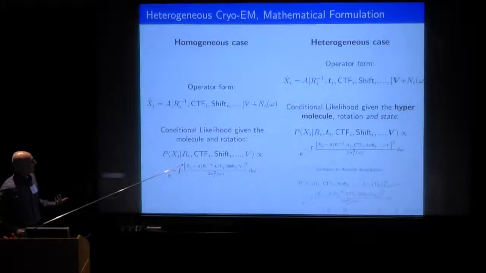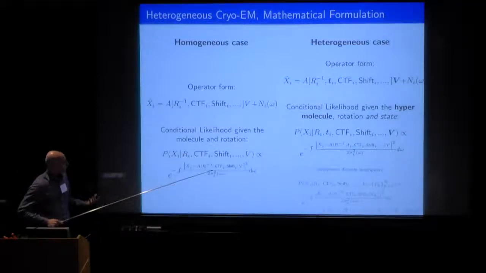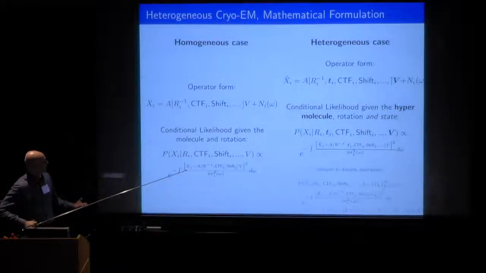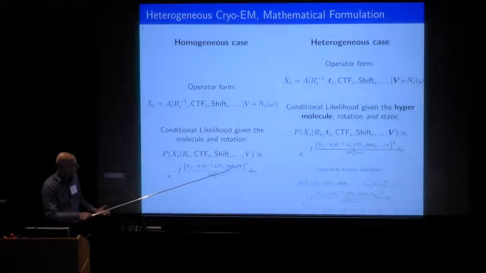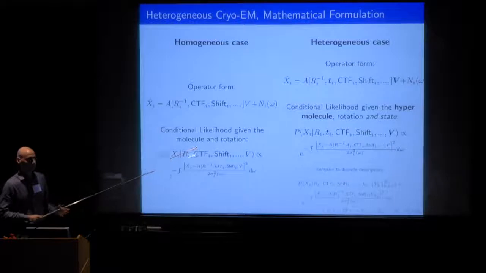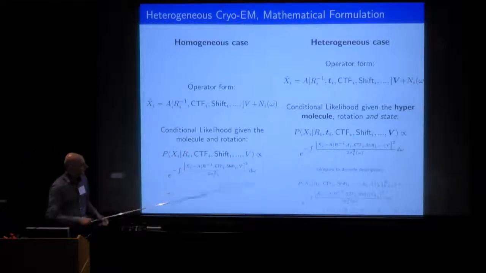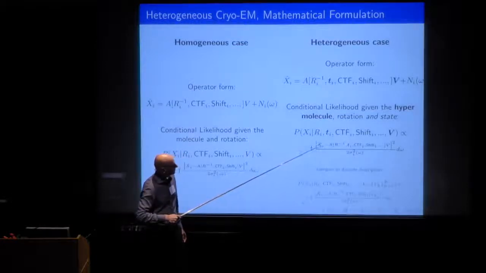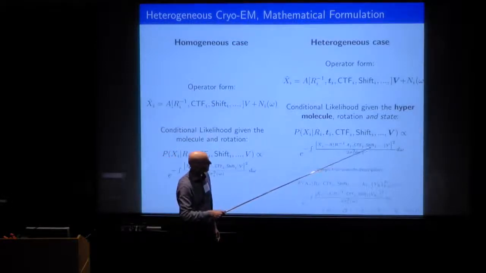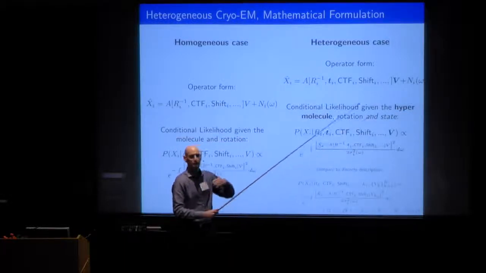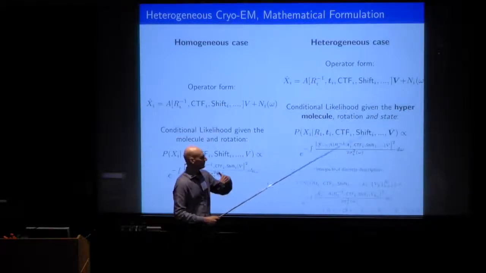So all we've done is go from this likelihood model, where I have these images and I'm comparing them to a 3D object projected to a two-dimensional image, to this: I have this two-dimensional image, and I'm comparing it to this high-dimensional volume that I'm projecting to a two-dimensional image. So it's very similar.